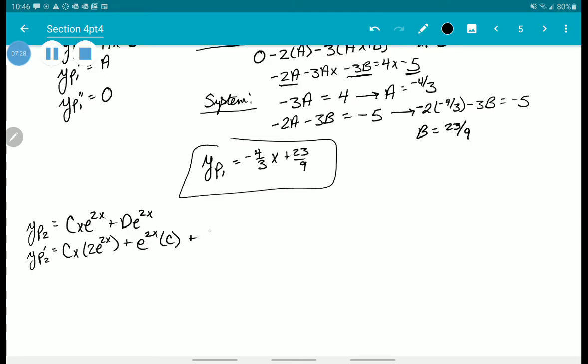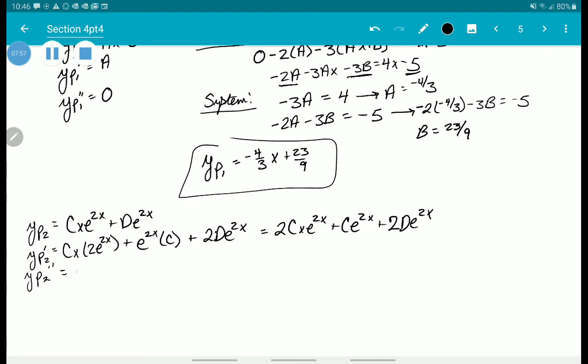And then take the derivative of the second term. I'm going to clean it up. And then find yp2 double prime.